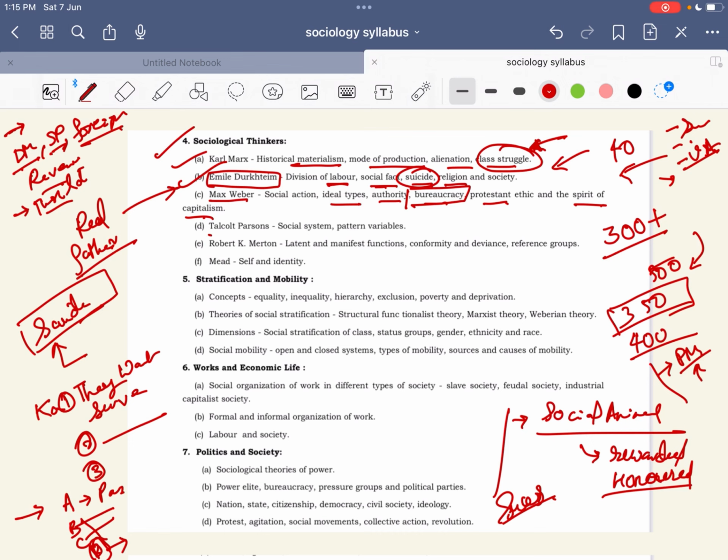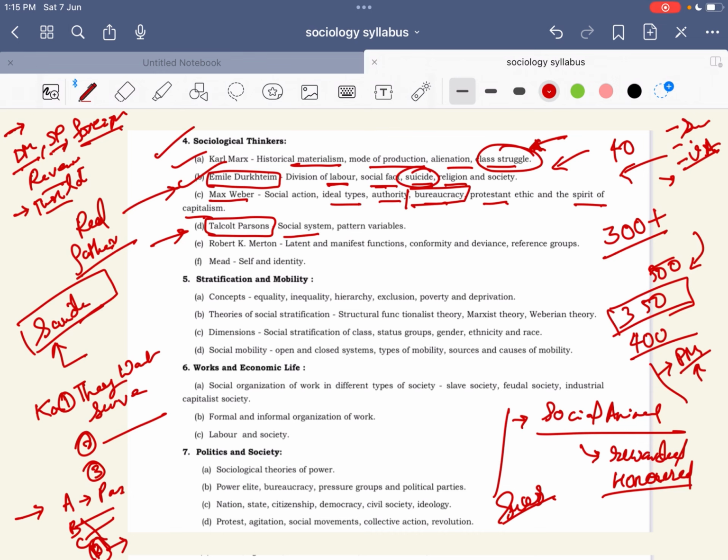And then there is Talcott Parsons. Now this person is of modern times, means he is not so much a historical person. His work is the social system, means he is seeing society as a system. जैसे कोई सिस्टम होता है, कि it works according to the system.